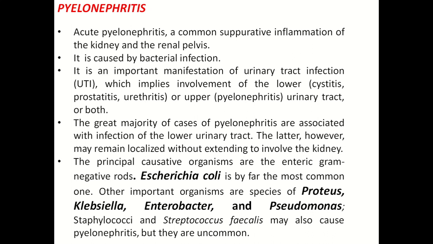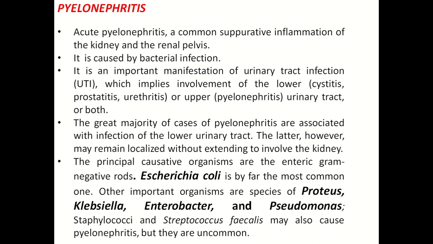The great majority of cases of pyelonephritis are associated with infection of the lower urinary tract. So, clear: in pyelonephritis, there are two types, acute pyelonephritis and chronic pyelonephritis. In acute pyelonephritis, again, there is involvement of either the upper urinary tract or the lower urinary tract.